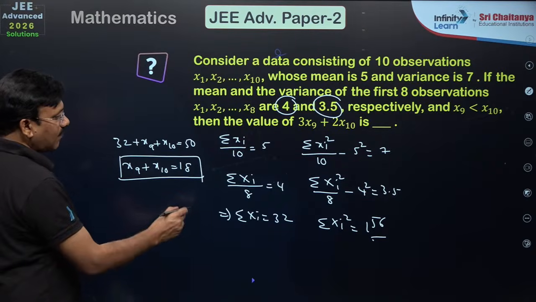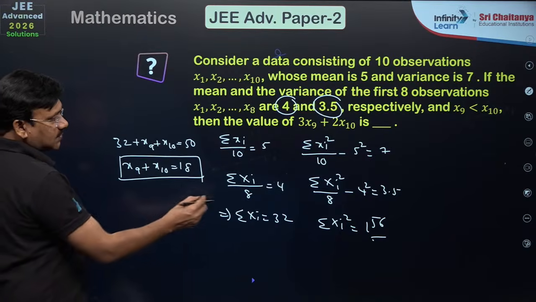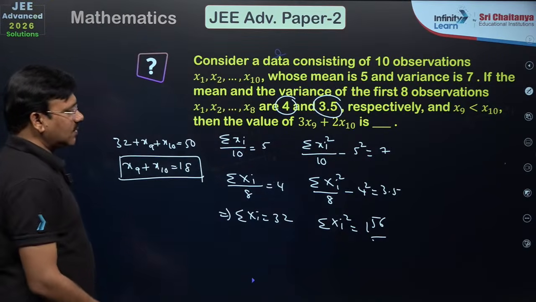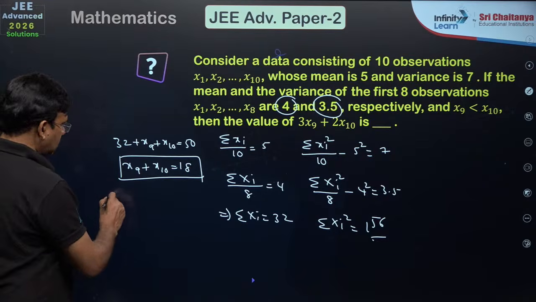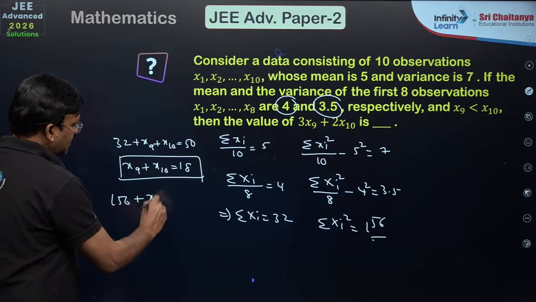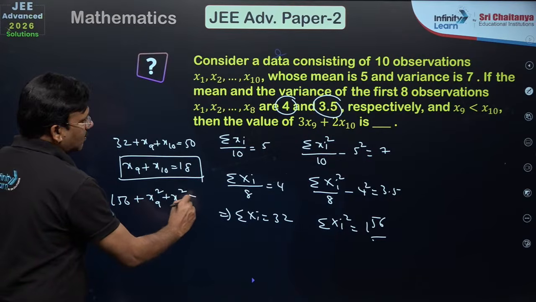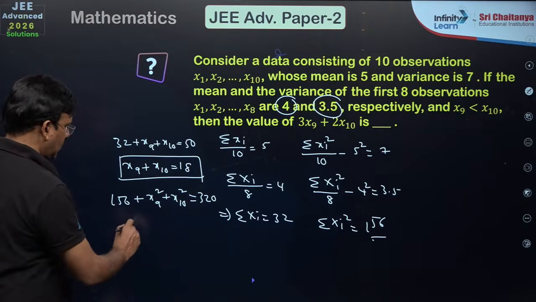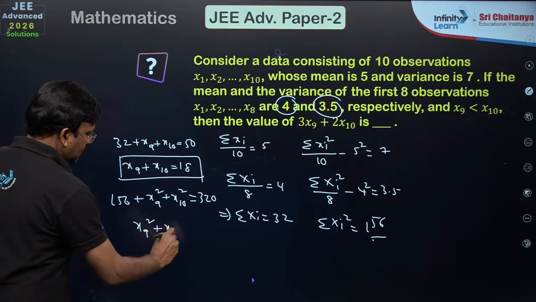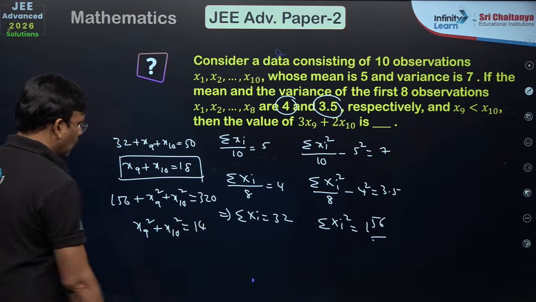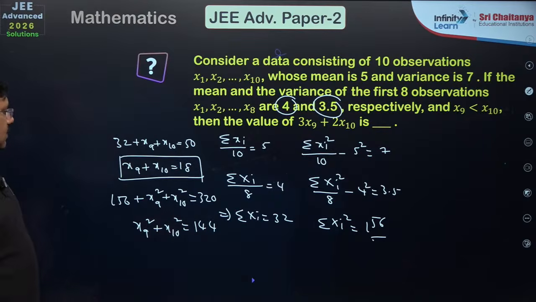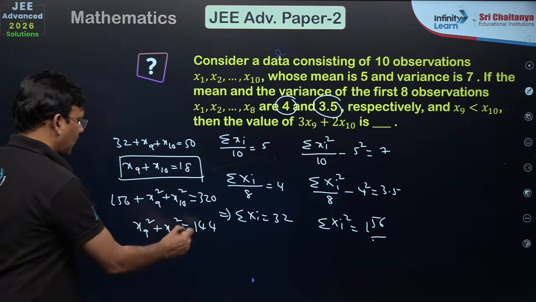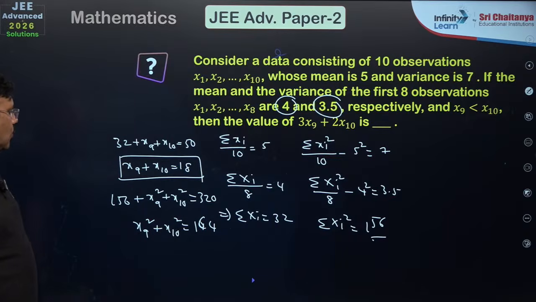Second case, sum of their squares. So this is 25 plus 7, 32 into 10, 320. So this is 156 plus x9 square plus x10 square is going to be 320. So x9 square plus x10 square is going to be 164.